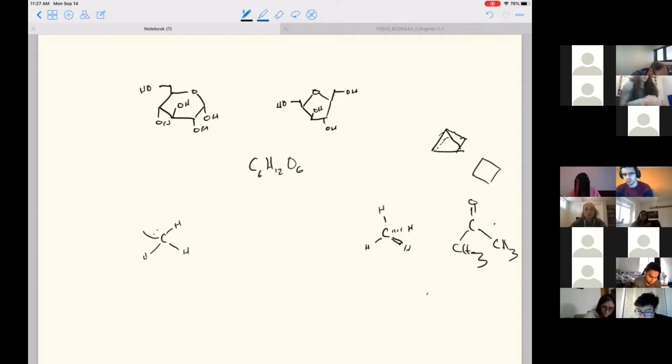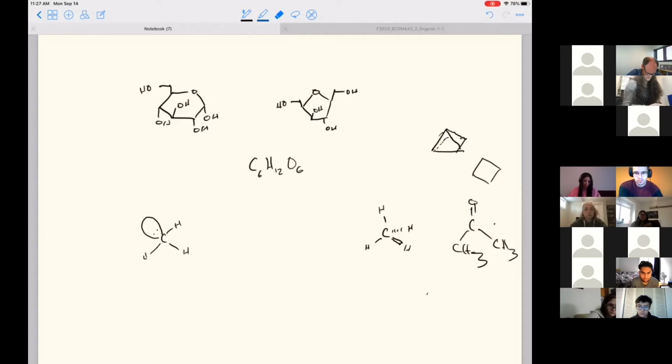The lone pair sticks off in a p orbital, I think. So it sticks off into space and takes up some room.